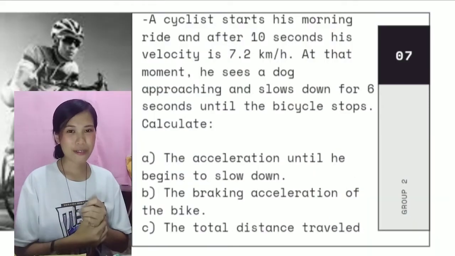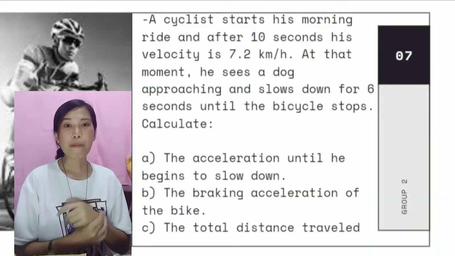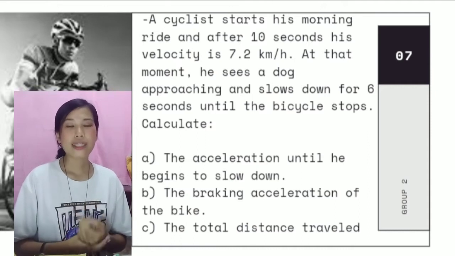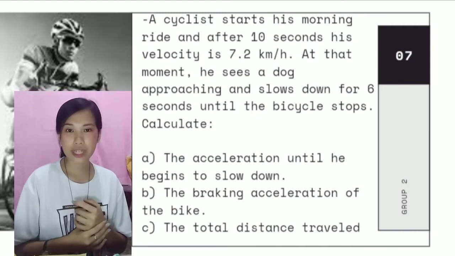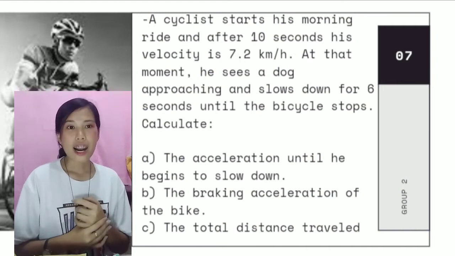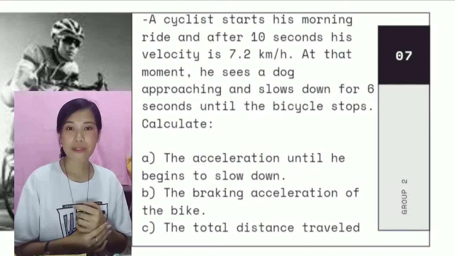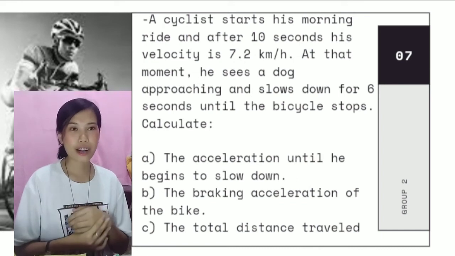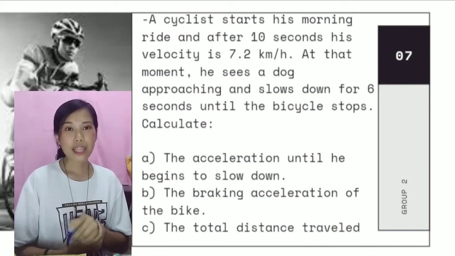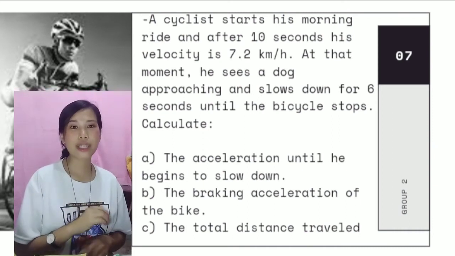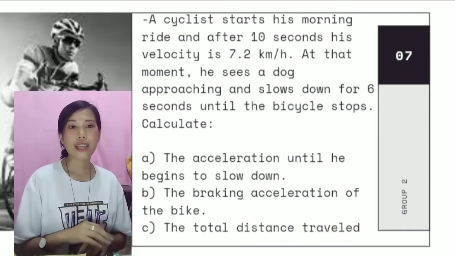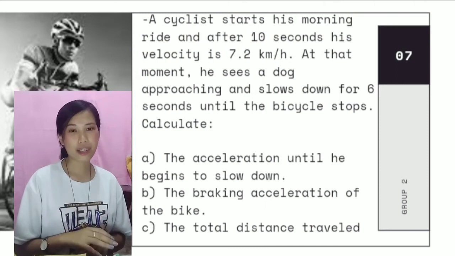So, I have here a sample problem. It says, a cyclist starts his morning ride. After 10 seconds his velocity is 7.2 km per hour. Take note. At that moment, he sees a dog approaching and slows down for 6 seconds until the bicycle stops.